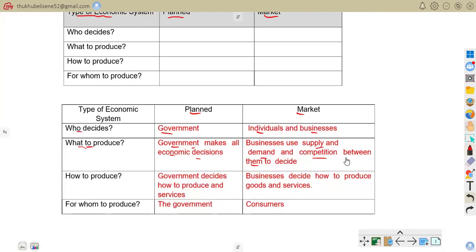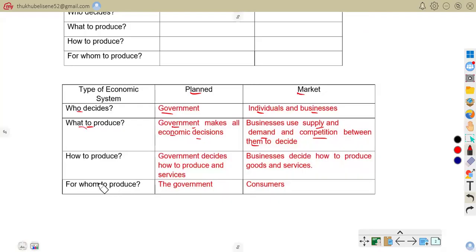Now let us attend to another question: how to produce. As it says, government decides how goods and services are produced, meaning it decides how goods must be produced. For example, government decides factories must use certain machines.